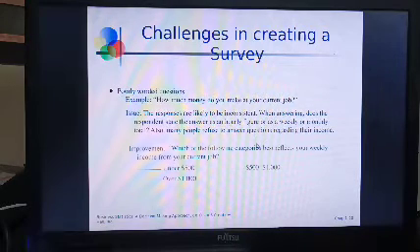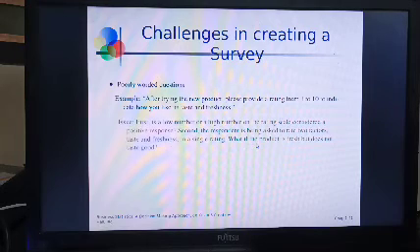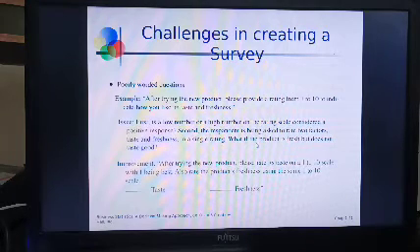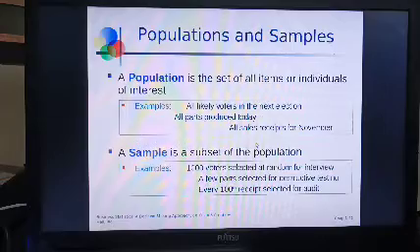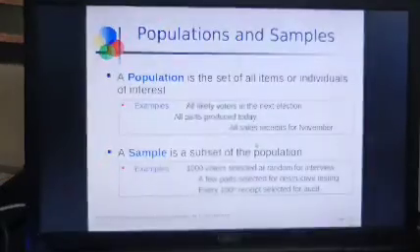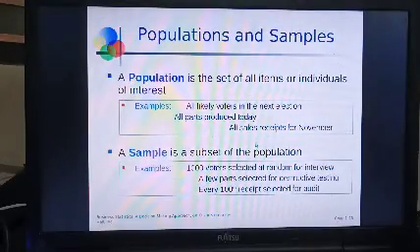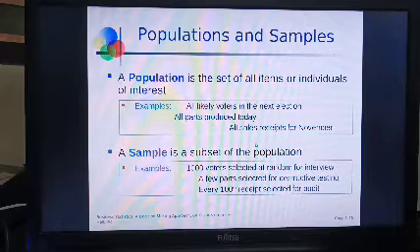This is what we discussed during the first session. Here, let's go back. A population is the set of all items or individuals of interest. Example would be all voters in an election, which in the Philippines is approximately 70 million.